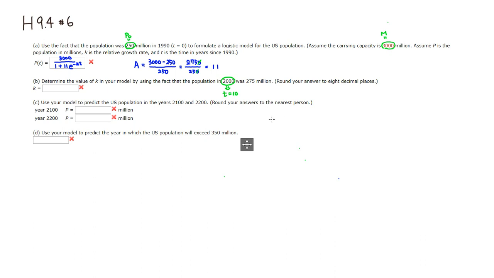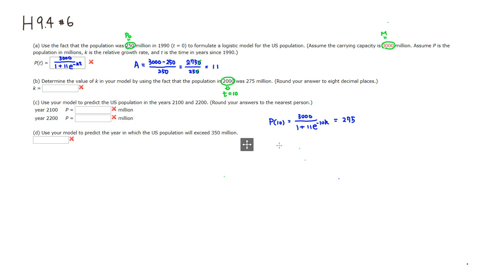So P of 10 is 3,000 on top, over 1 plus 11 e to the negative 10k, and this is equal to 275 million.